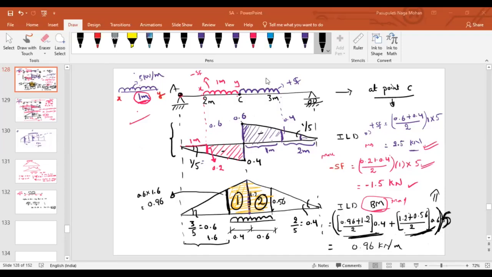It is 4.8 kilonewton meters, sir. So totally 4.8, sir, is right. Magnitude is 4.8 kilonewton meter.